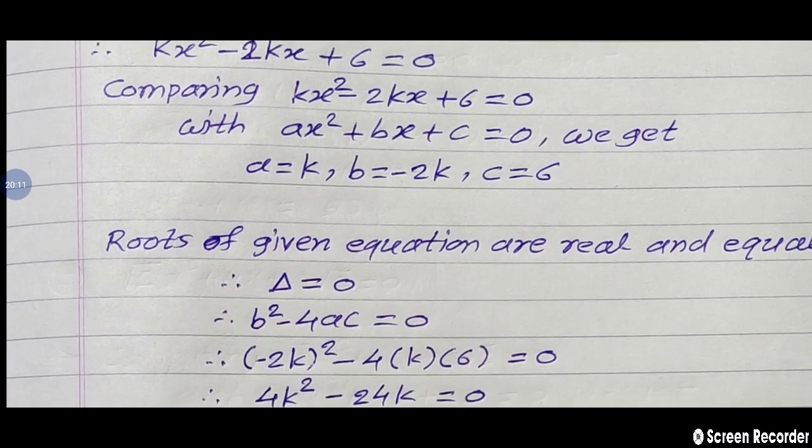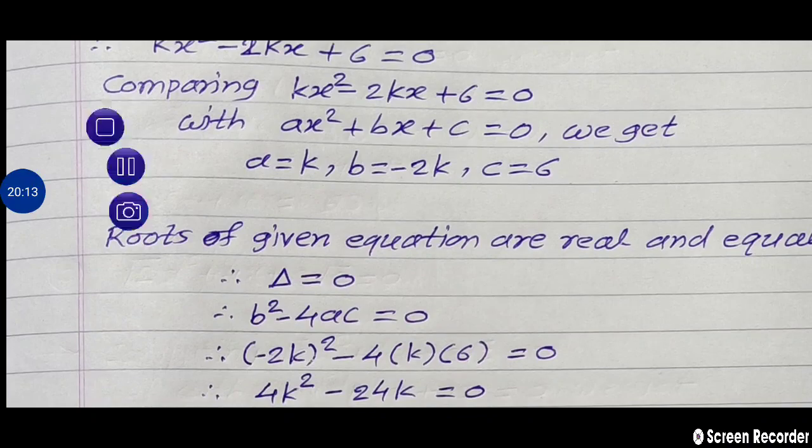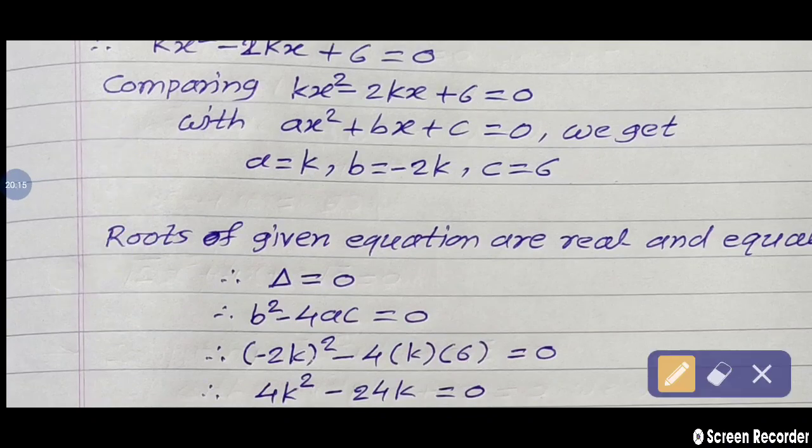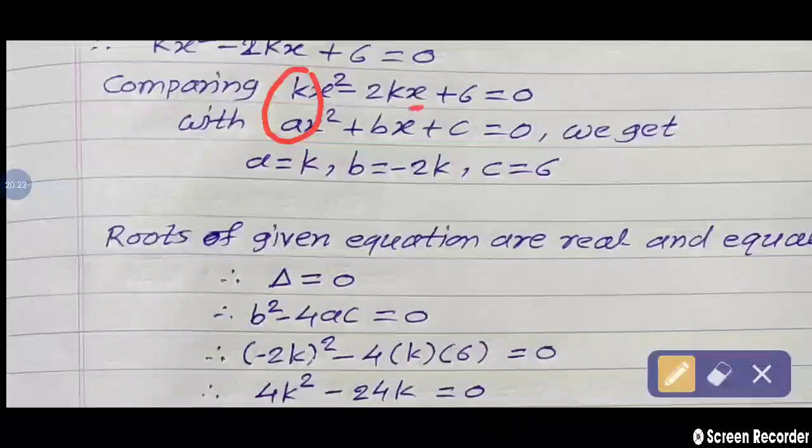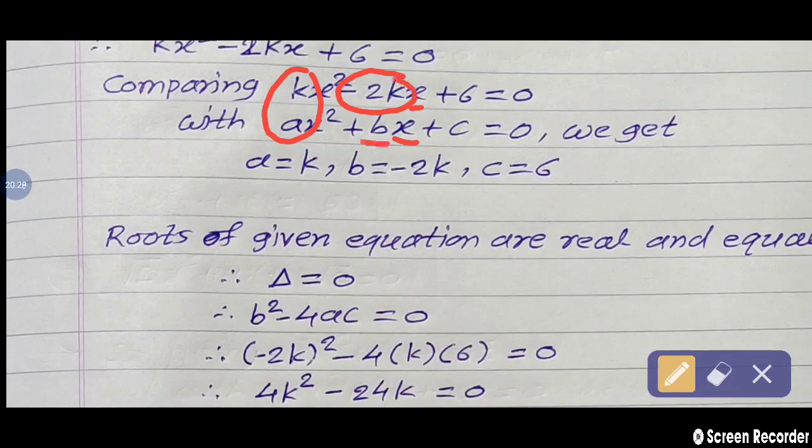So what are the values of a, b, c? Check that. The value of a is the coefficient of x square. So what is the value of a? That is k. The coefficient of x is the value of b, that is minus 2k. And the constant number c is equal to 6.